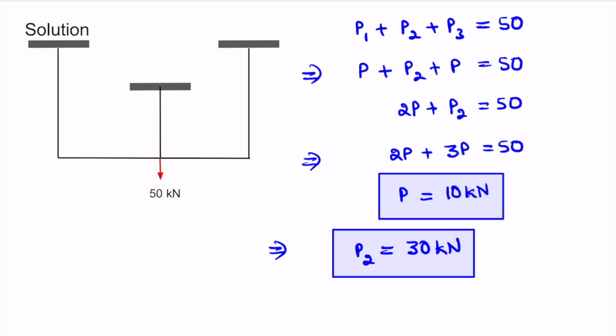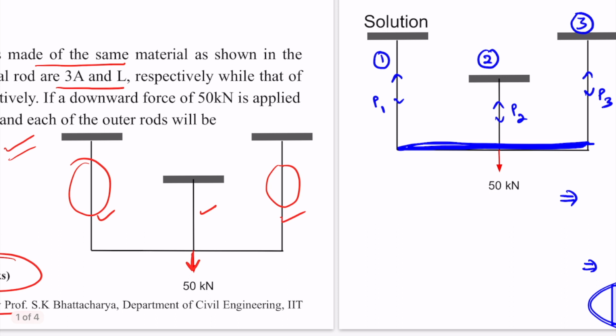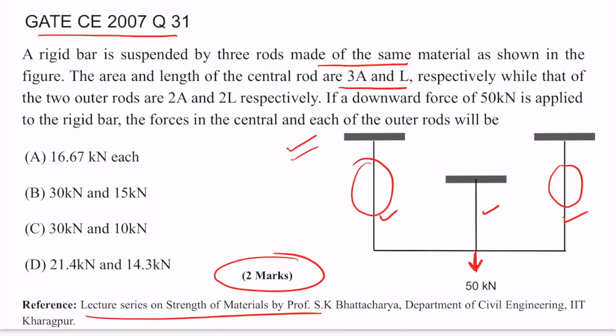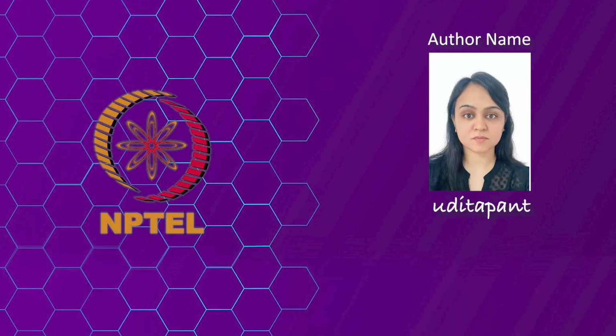P1 and P3 are equal to 10 kN, while P2, that is the central rod, will take 30 kN. So from the options, the answer is option number C, that is the central rod will carry 30 kN and the 2 outer rods will carry 10 kN each.